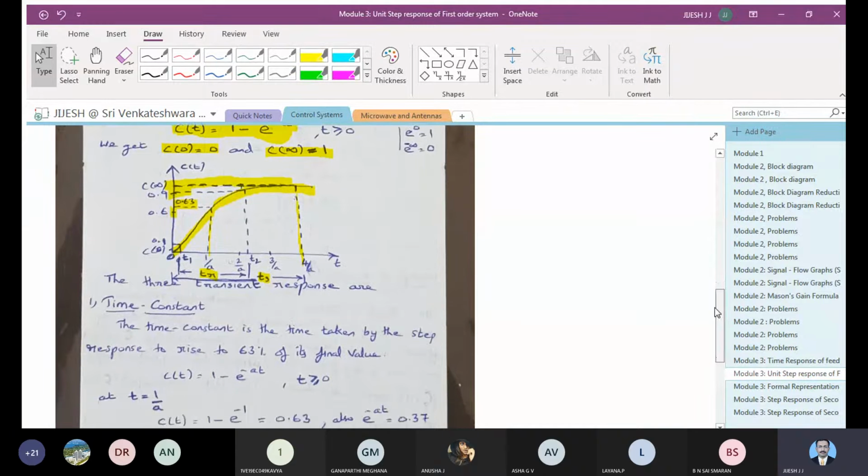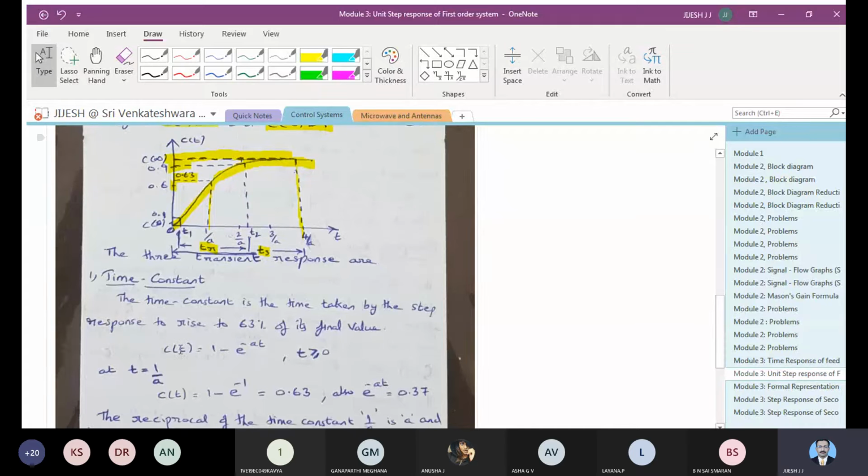The first one is the time constant, which we have seen. When the response rises to 63% of the final value, you call this the time constant. For that we use the same equation, C of t is equal to 1 minus e to the power of minus at.